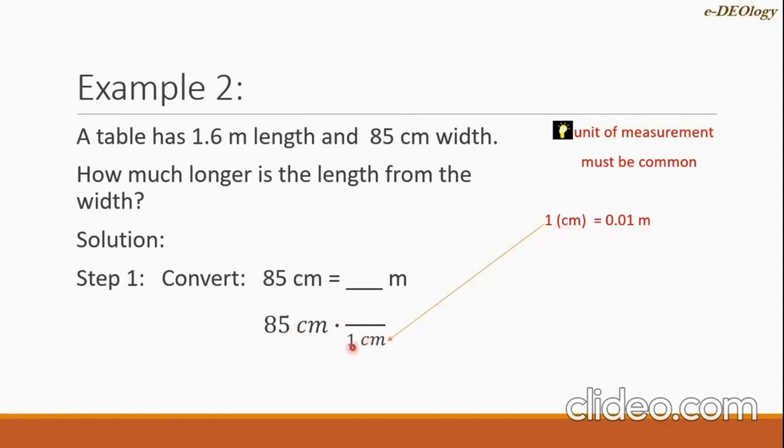So the 1 cm should come here. Of course, the 0.01 meter should come on top as numerator. And then, see, I can now cancel the cm. There is no more cm unit, and what remains is the meter. So I can now multiply the 85 with the 0.01, and my answer is 0.85 meter.